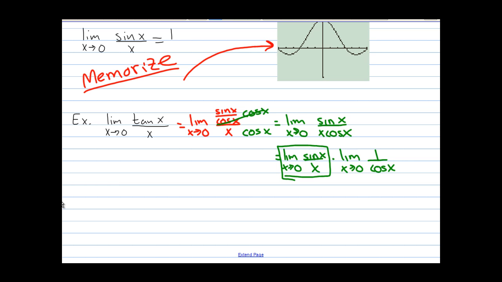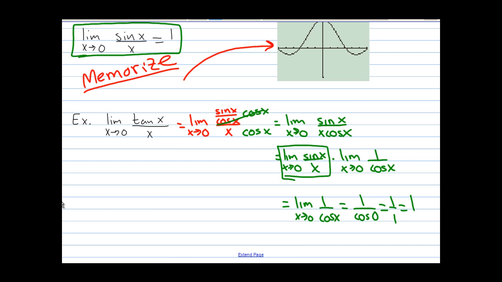So we have 1 times the limit as x approaches 0 of 1 over cosine of x, which becomes 1 over cosine of 0, which is 1 over 1, which is 1. So the final answer in all of this ends up being 1. But the point is, we used this identity to finish the problem that we were given.